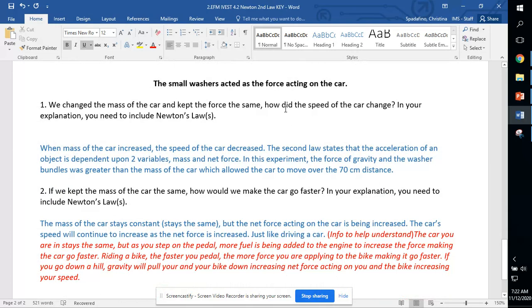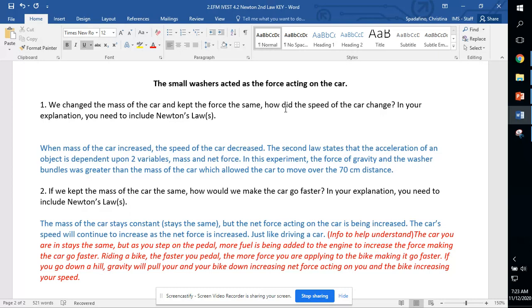Now, what we also kept constant was the force applied. So if we think of two cars, same exact car, same size, but one car is filled with things from Target and the other car is just with one person in it. The car with all the Target supplies in it is going to have more mass.